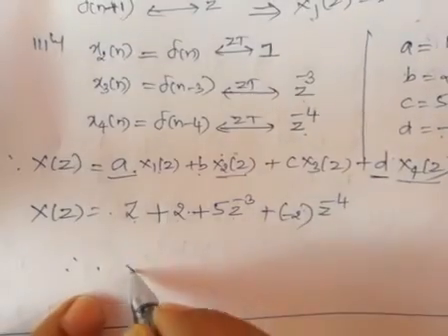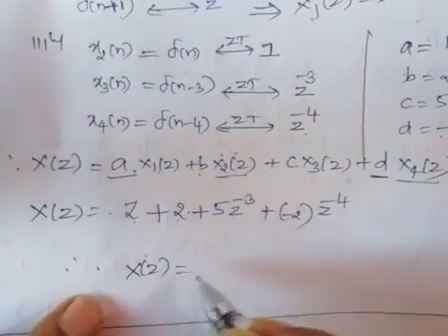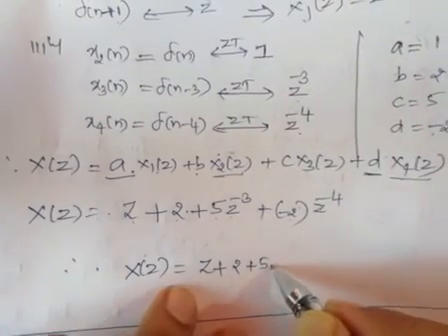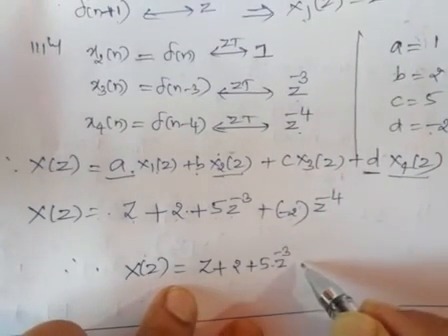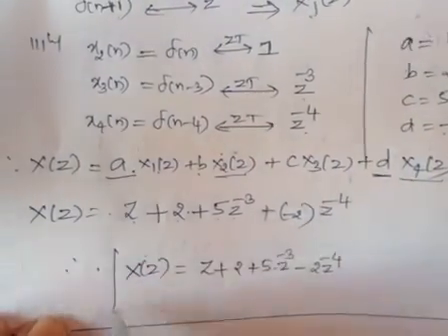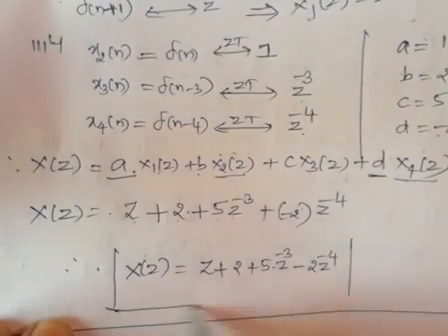Hence x of z is equal to z plus 2 plus 5 into z to the power minus 3 minus 2 into z to the power minus 4. It is the Z transform of the given sequence.